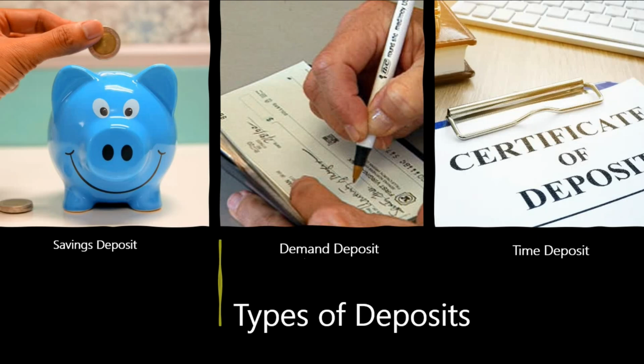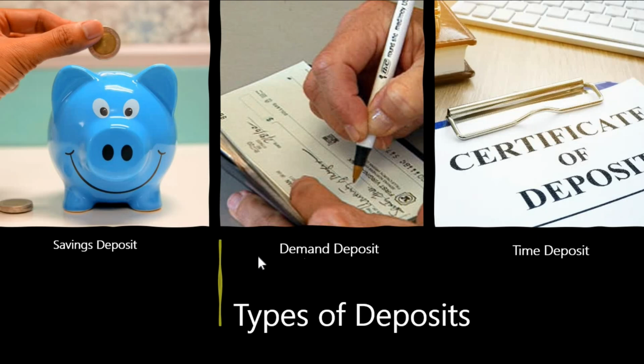By the way, class, of the three types of deposits here, what usually requires a bank reconciliation is the demand deposit. Kasi ito yung type of deposit na marami kang transactions. Aside from your cash deposits, meron ka ring mga checks na ini-issue sa different payees.